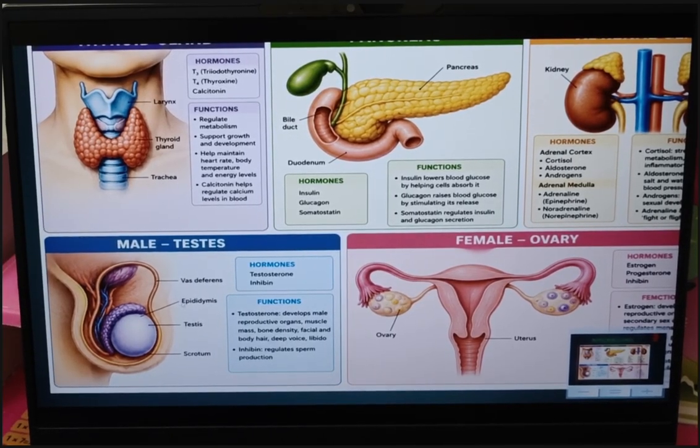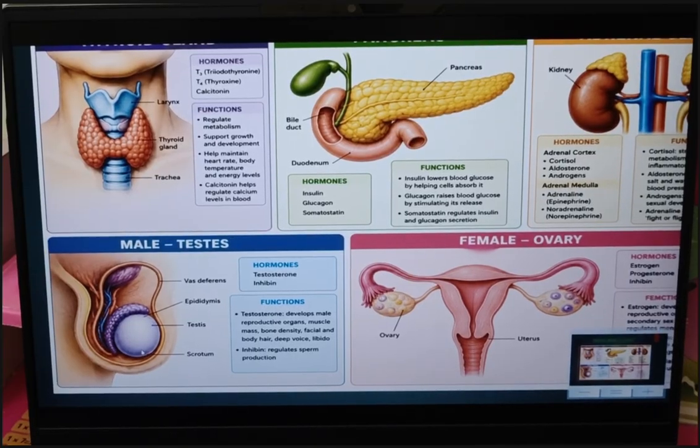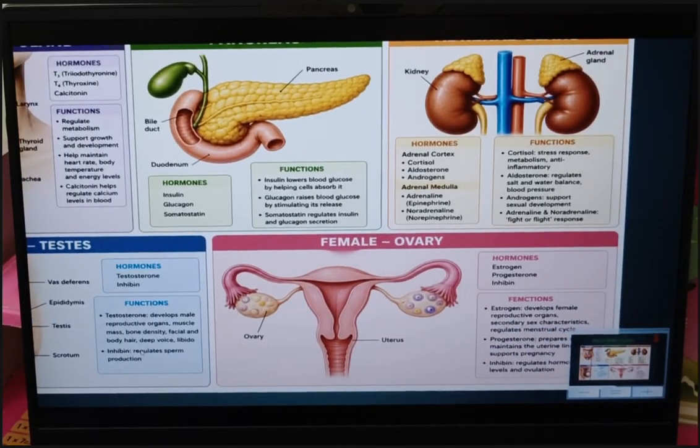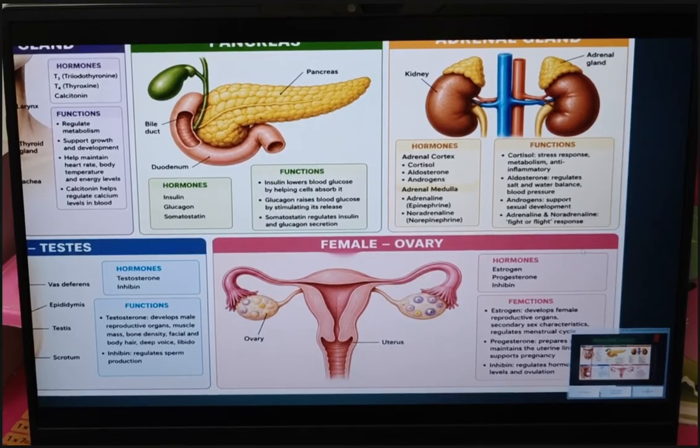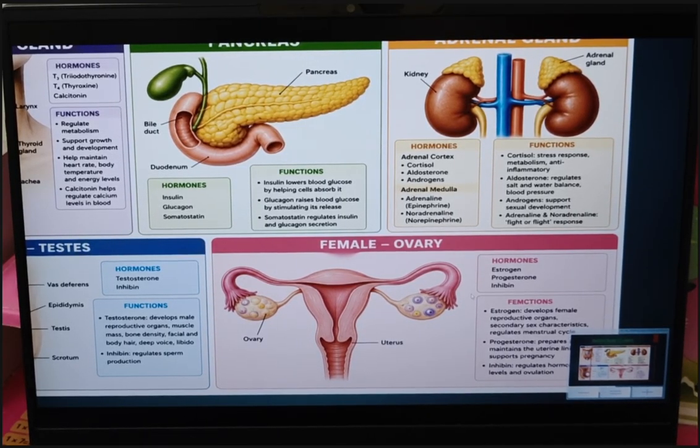The location is the genital region or the lower abdomen. And coming to the female, the ovary produces hormones like progesterone and estrogen. Estrogen is responsible for all the secondary sexual characters in females, like breast development and onset of ovulation.